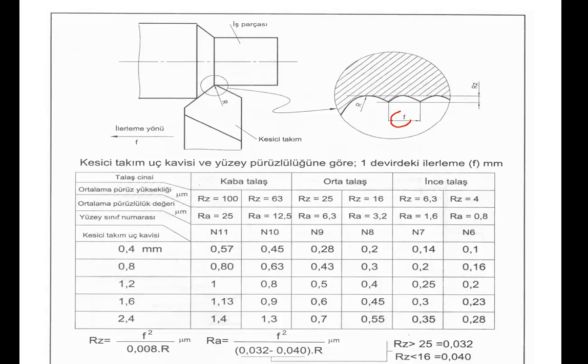Lead of the cutting tool. Ra is the average roughness height, and f is the lead of the cutting tool for one turn.